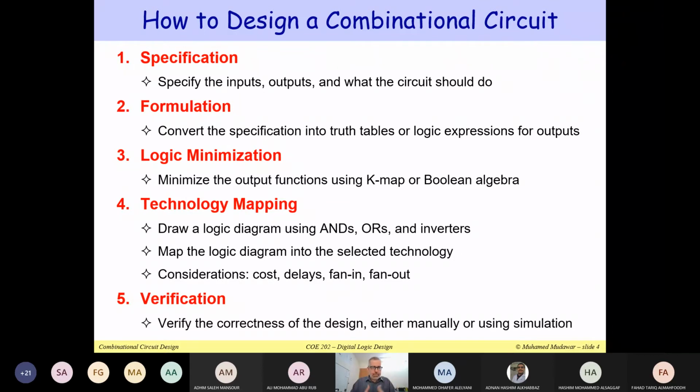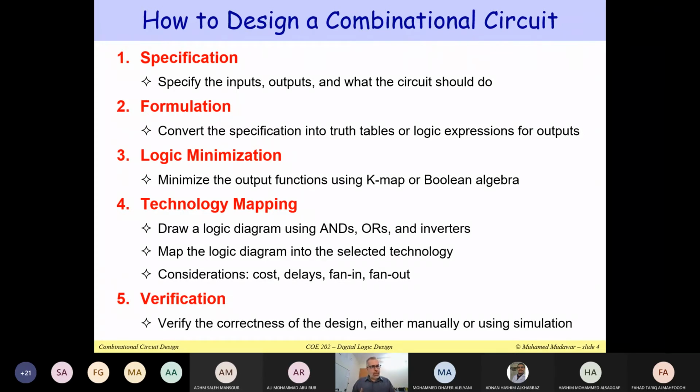So this is called formulation. Also, you might have logic expressions for the outputs. We try to convert the specifications into truth tables. That's the meaning of formulation. Once we have the truth tables, you might also have logic expressions for some outputs.